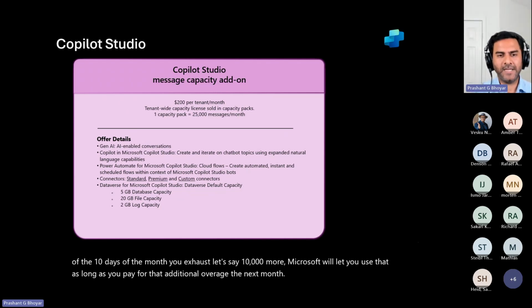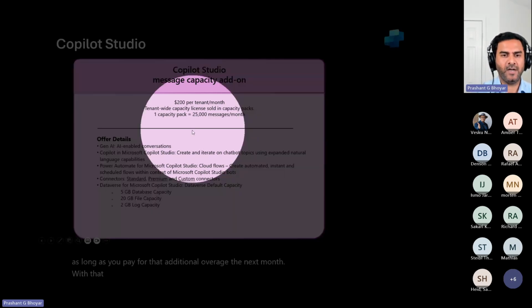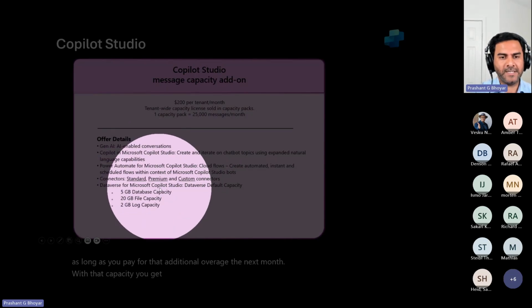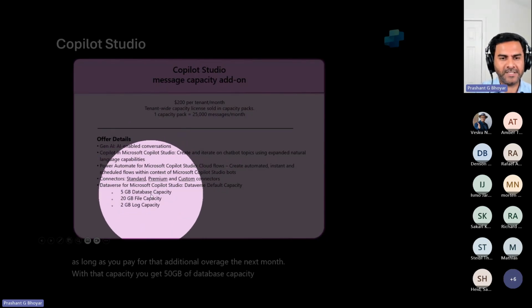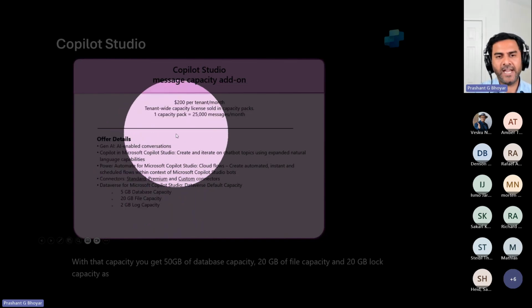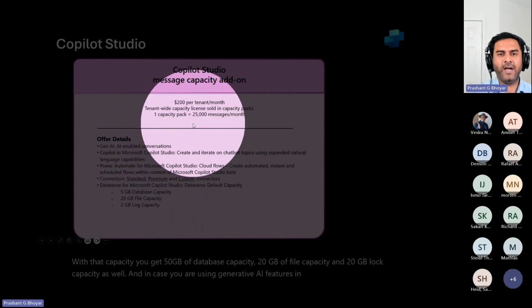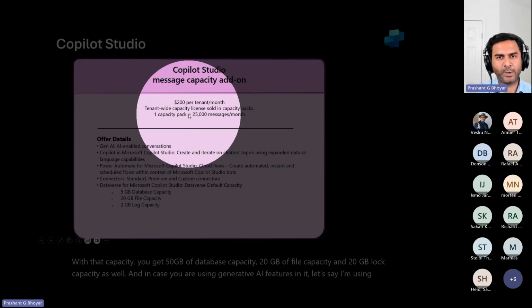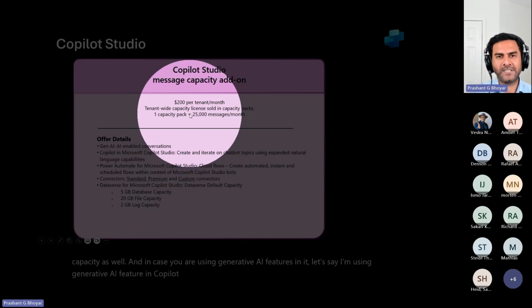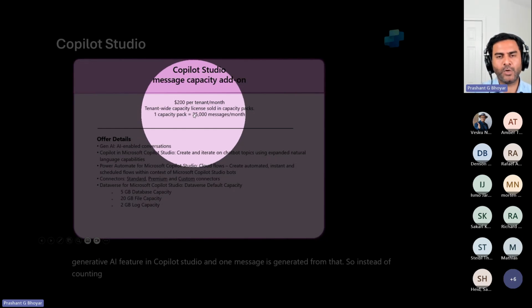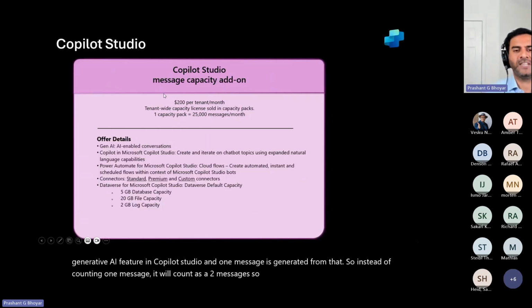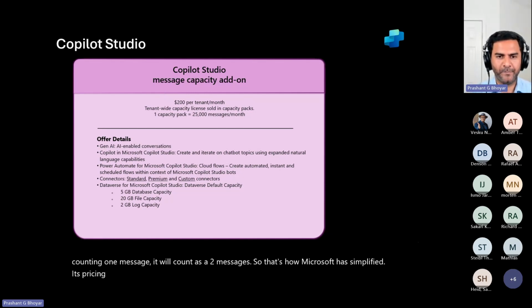With that capacity, you get 50 GB of database capacity, 20 GB of file capacity, and 20 GB of log capacity as well. And in case you are using generative AI features in Copilot Studio, and one message is generated from that, then instead of counting as one message, it will count as 2 messages. So that's how Microsoft has simplified its pricing on Copilot Studio.